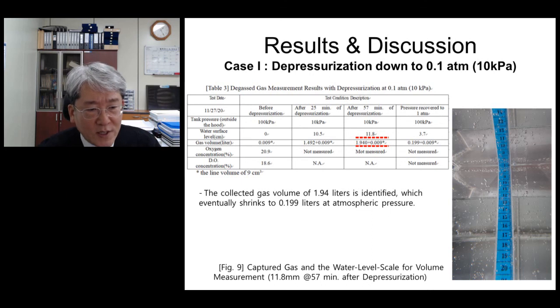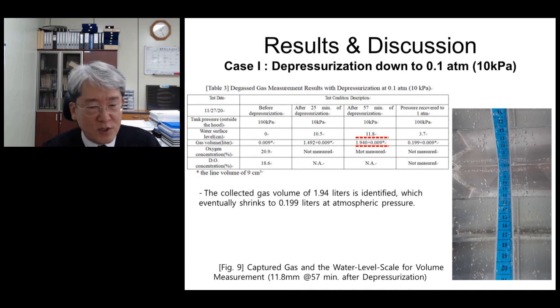We divided the test cases into two parts. The first one is the result when there is only depressurization. The level of depressurization in the present study is limited by the vacuum generator used, and it was possible to lower the tank pressure to 0.1 atm.